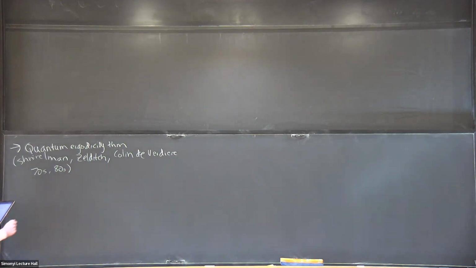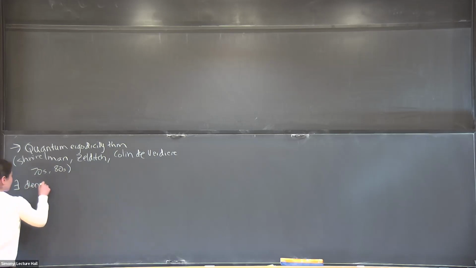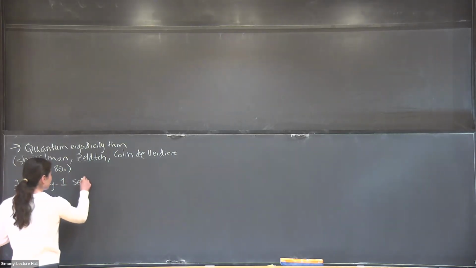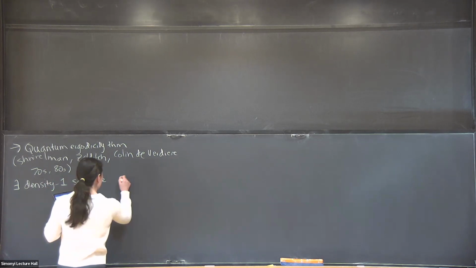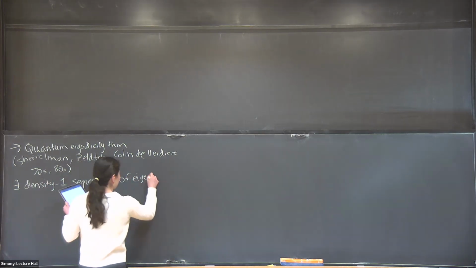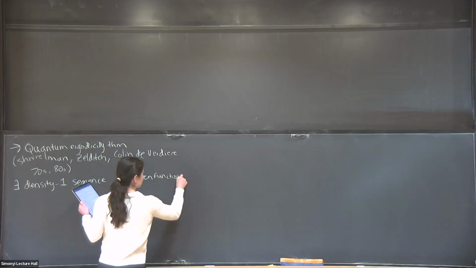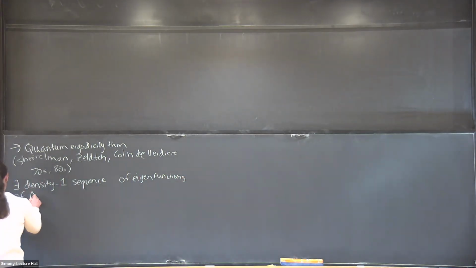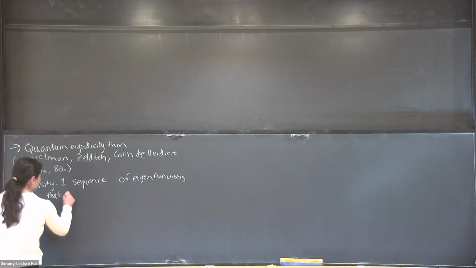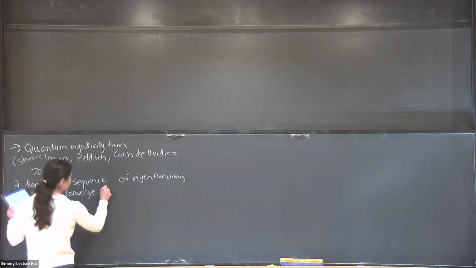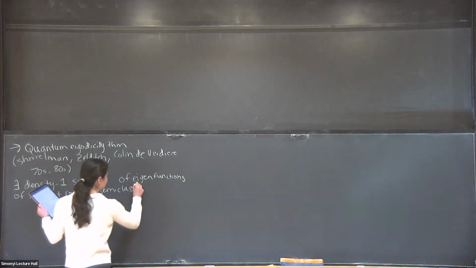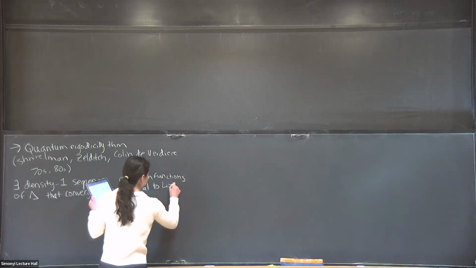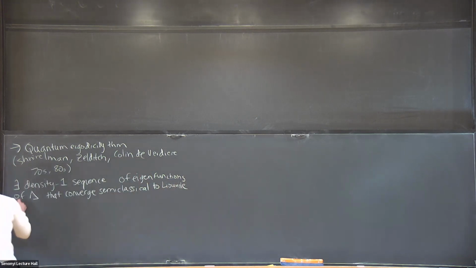And so what their theorem basically says is that if we have a negatively curved compact manifold, which is a slight generalization of my hyperbolic setting, there exists a density one sequence of eigenfunctions of the Laplacian that converge semi-classically to the Liouville measure.